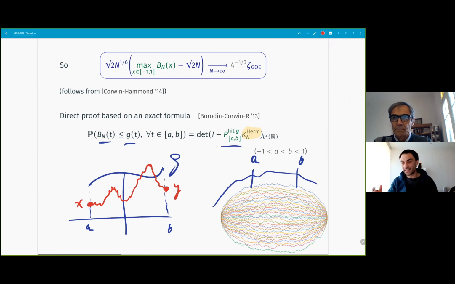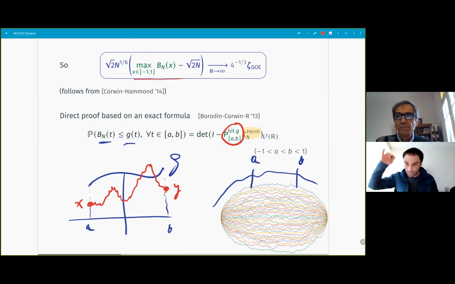So it's essentially a hitting probability for a Brownian motion. This is what goes inside the formula, and this is what you have to compute. In the problem that I'm looking at here, I'm trying to compute just the distribution of the max. So essentially, I'm just computing the probability that this max is less than some level r, say.